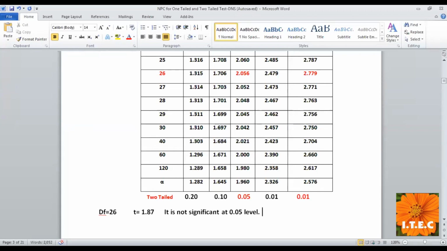Is your null hypothesis rejected or not rejected? So therefore, the null hypothesis is not rejected.